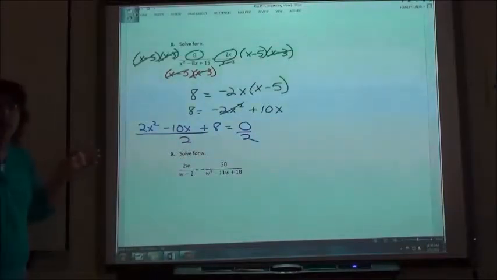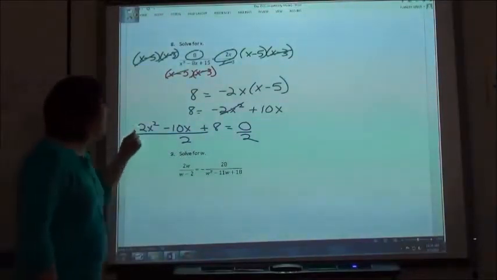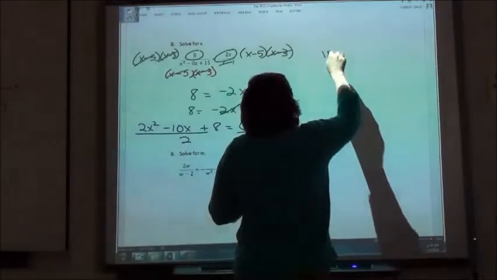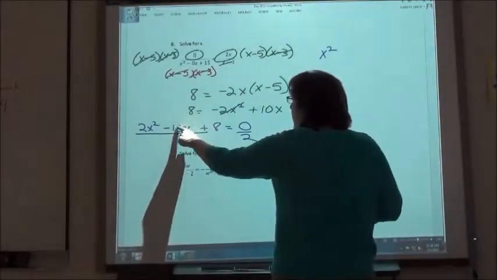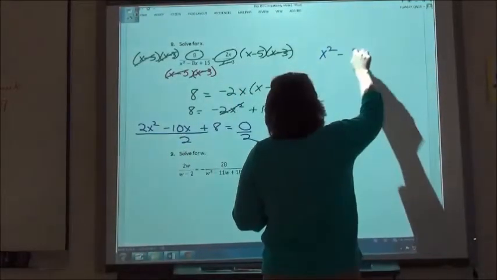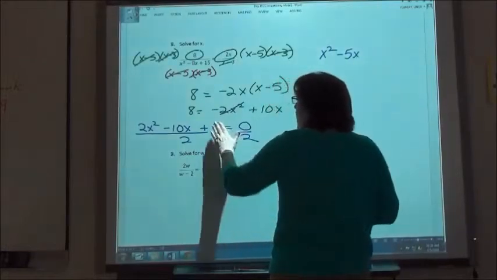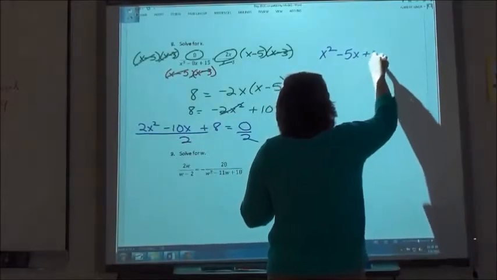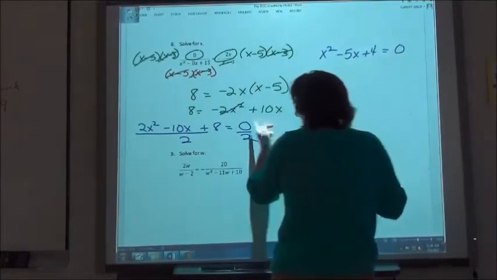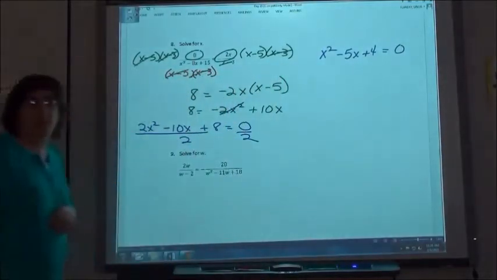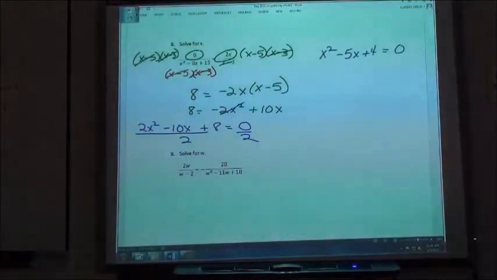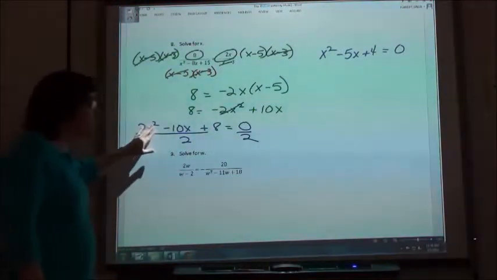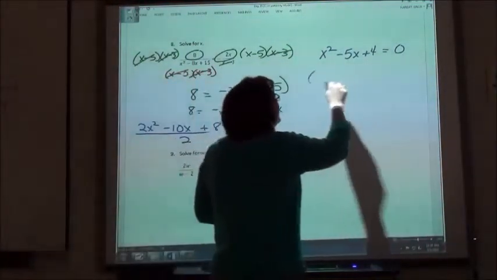It's just a little shortcut, makes your factoring easier. 2x squared divided by 2 is x squared. -10 divided by 2 would give me -5x. +8 divided by 2 is +4. And of course, 0 divided by 2 is still going to be 0. Now that looks a whole lot easier to factor than the 2x squared minus 10x plus 8. Not that this wouldn't work. It's just that this is easier.